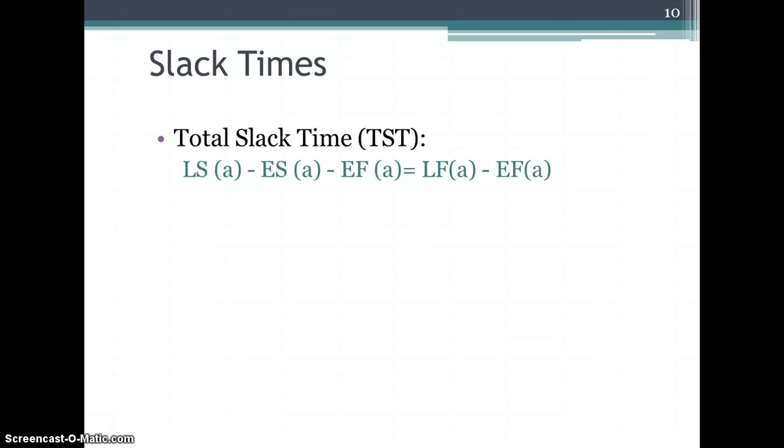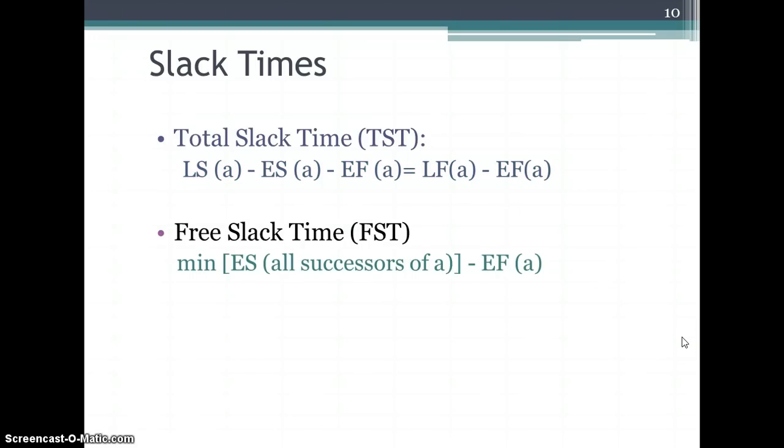But first, let's talk about slack times, because we have to figure out what the slack times are in order to determine what the critical path is, right? So we have two types of slack times: total slack, which is a gross measure and the one that most people use, and it is the late start of the activity minus the early start of the activity, or basically the late finish of that activity minus the early finish of that activity.